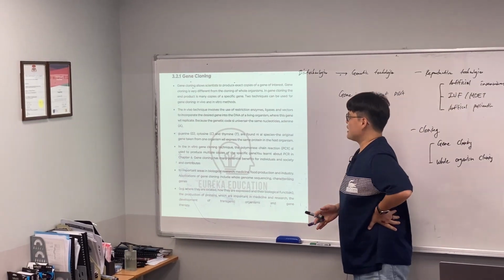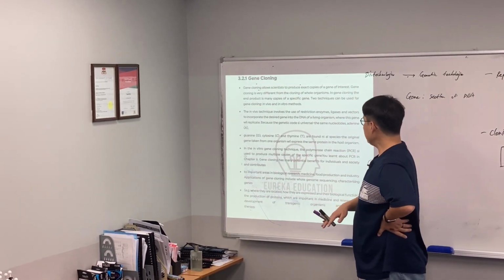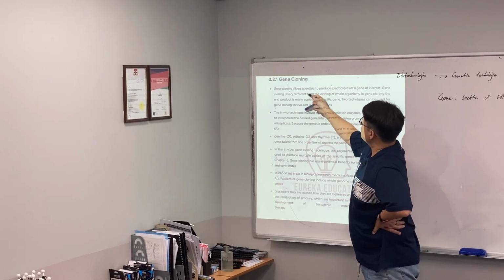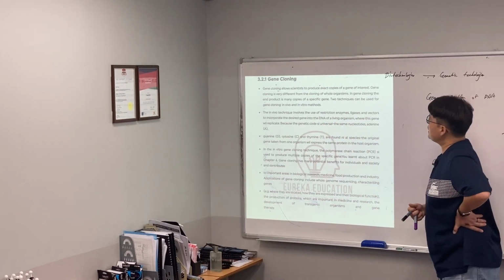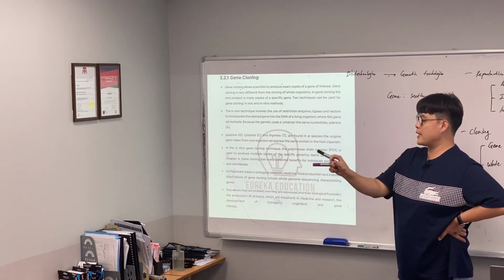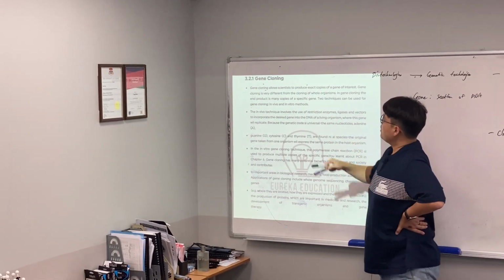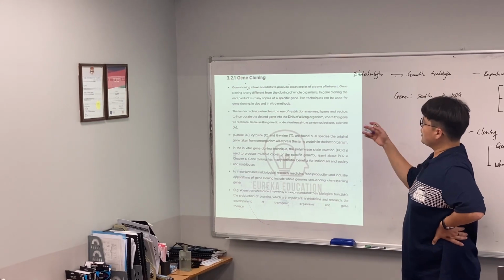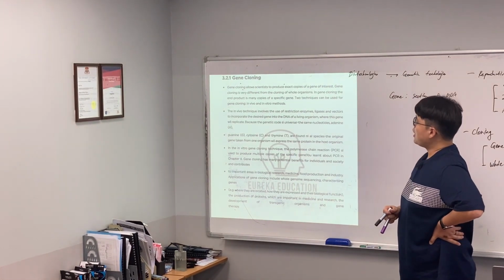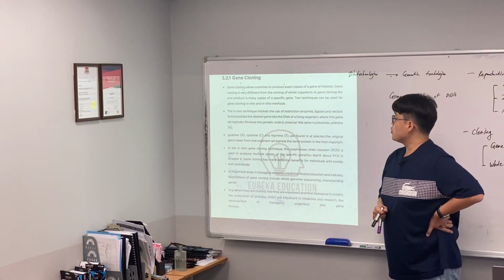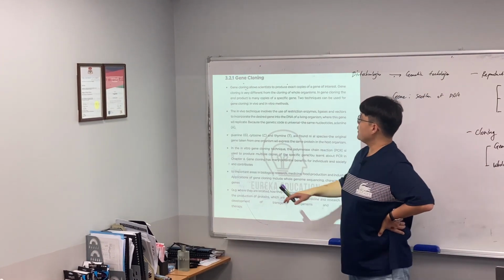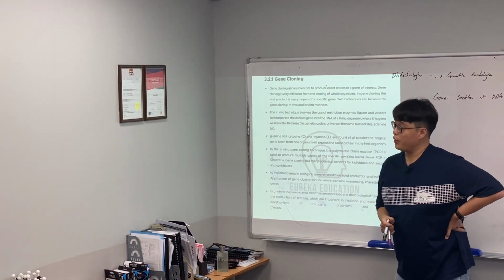All right, let's start on gene cloning, please. Gene cloning allows scientists to produce exact copies of the genes of interest. So we are selectively selecting the genes and copying them. It's very different from cloning of the whole organism. In gene cloning, the end product is many copies of the specific gene. So we use 2 techniques, either in vivo or in vitro.